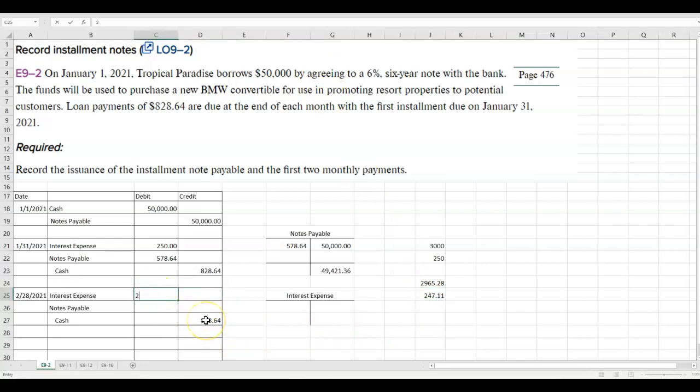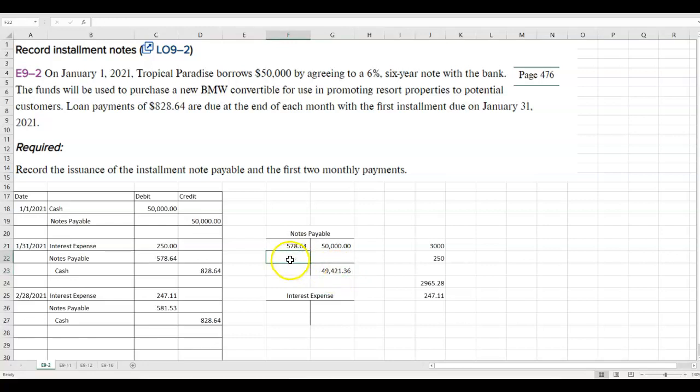So we're going to put $247.11 here. And our notes payable reduction is the difference between the cash payment and the interest, $581.53, which gets posted here. And that makes our new balance lower.